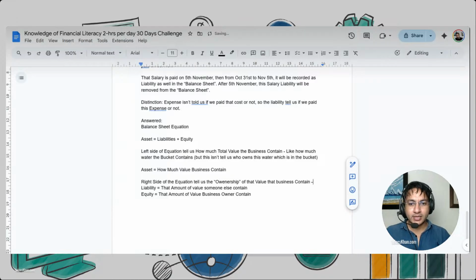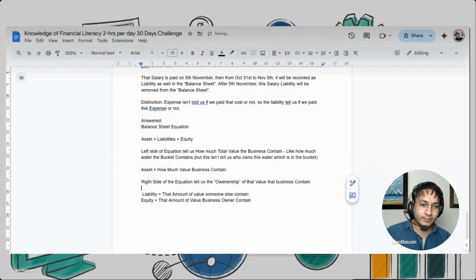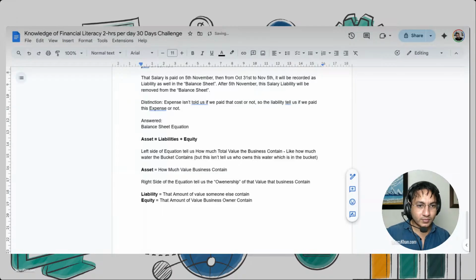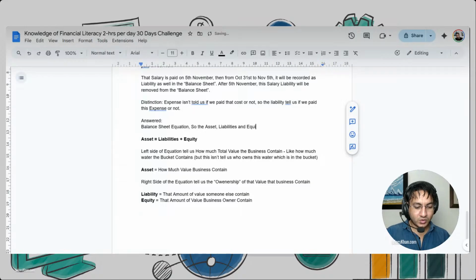Ah, got it. So that's how it is. The asset, liabilities, and equity come in the balance sheet.